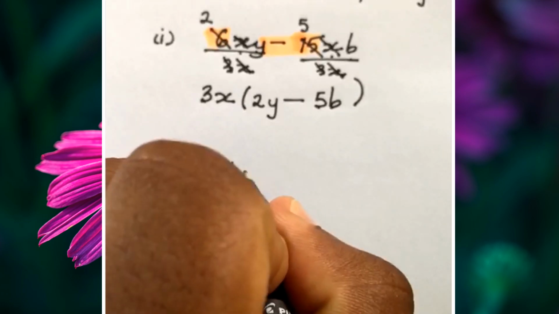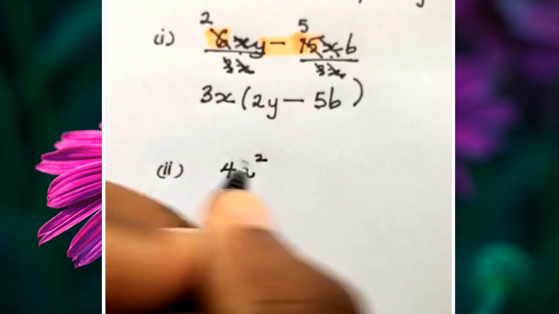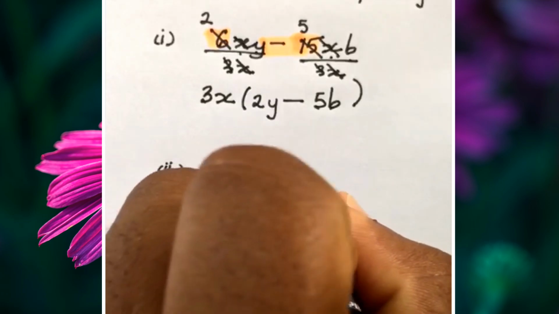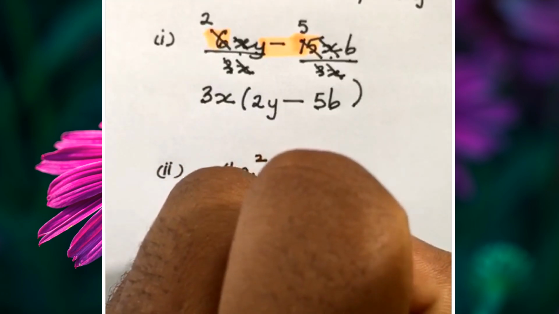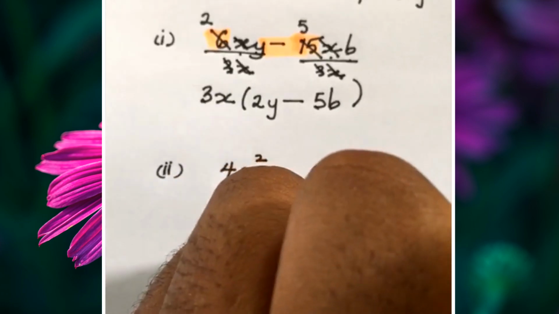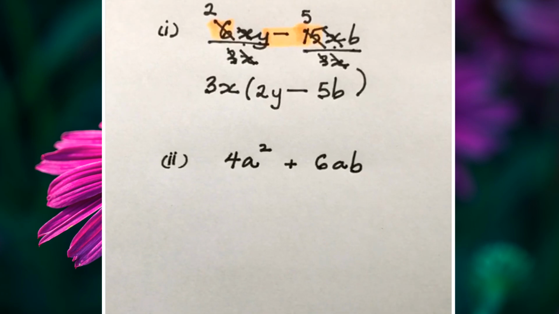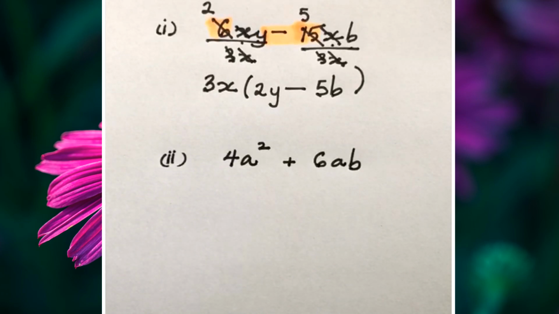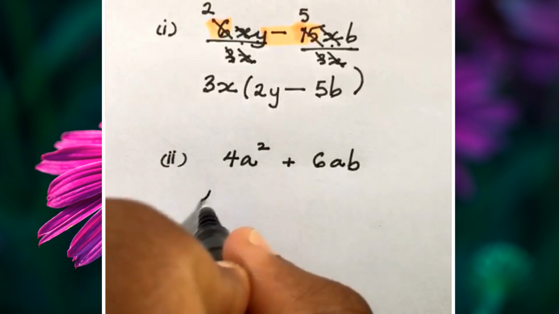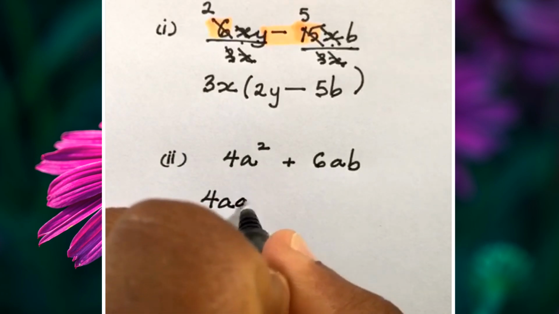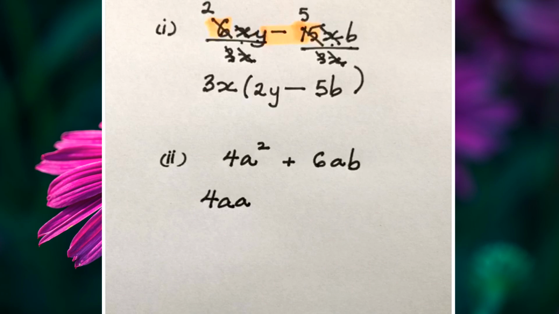Let's say 4a squared plus 6ab. What this means is, 4a squared is the same thing as 4 times a times a.